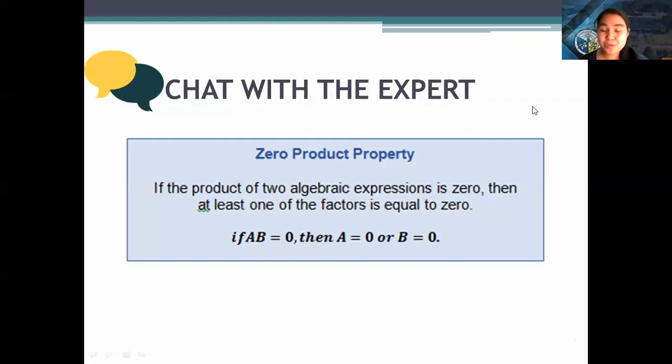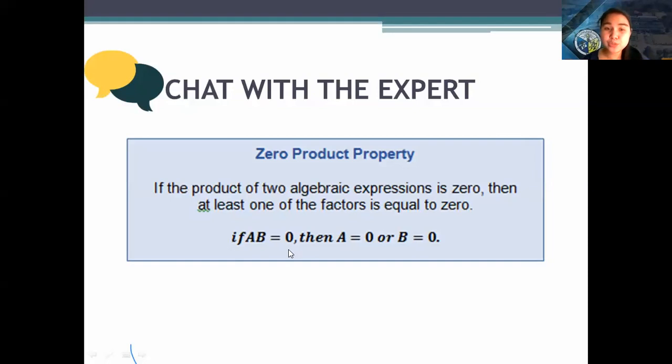Now let's continue with our discussion: how to find the roots using factoring. Remember, yesterday we had the square root property. Today, let's have the zero product property. What does it say? If the product of two algebraic expressions is zero, then at least one of the factors is equal to zero.